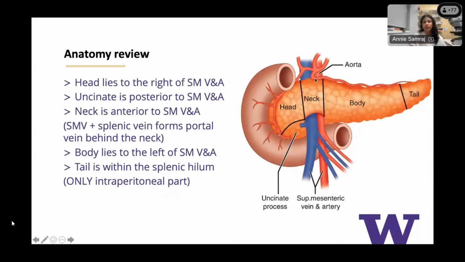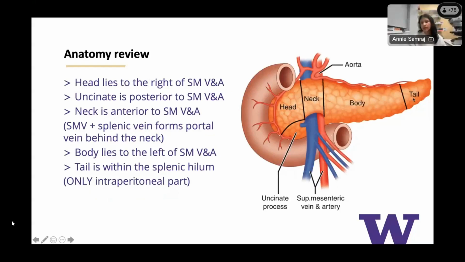The neck is anterior to the superior mesenteric vein and artery, and the head lies to the right of the superior mesenteric vessels. The uncinate curves backward and is posterior to the vessels. The body, which is the main part of the pancreas, is to the left of the superior mesenteric vessels.